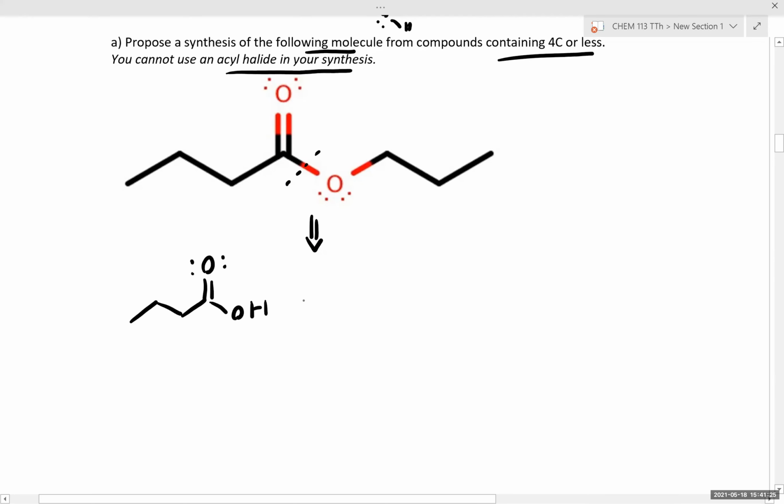So we'll start from butanoic acid, and we'll just add propanol with catalytic HCl and heat. And that would give us our desired product, propyl butanoate.